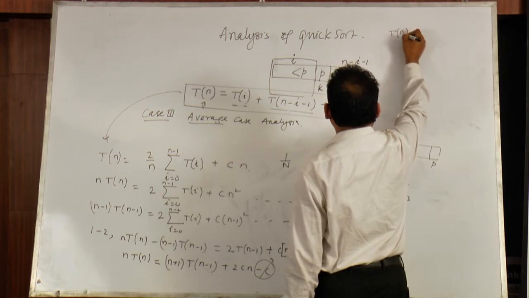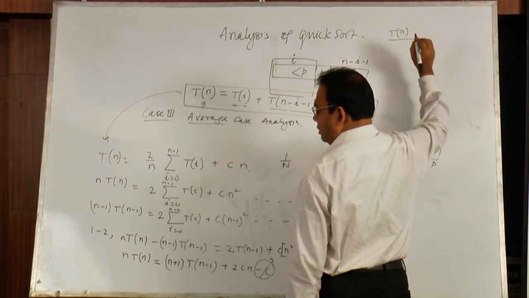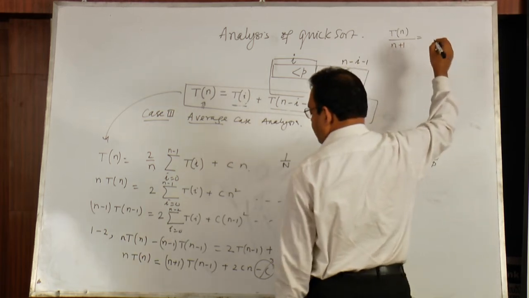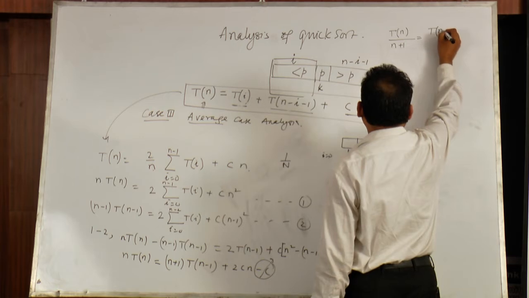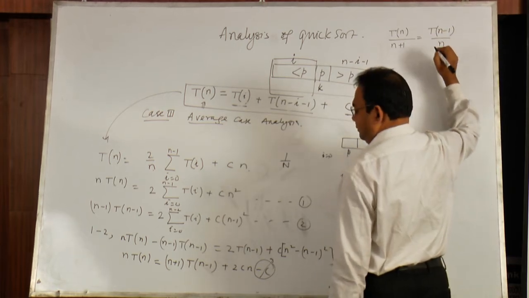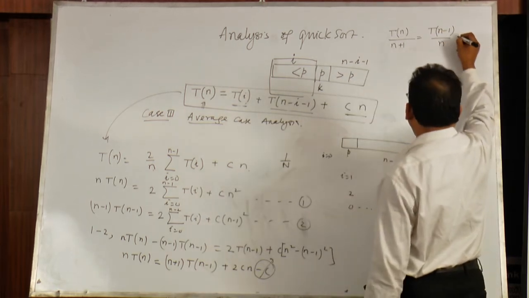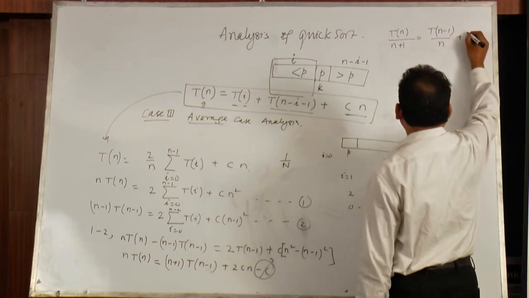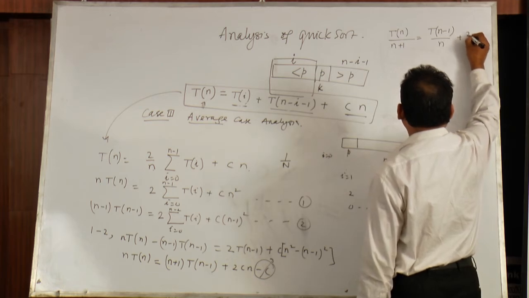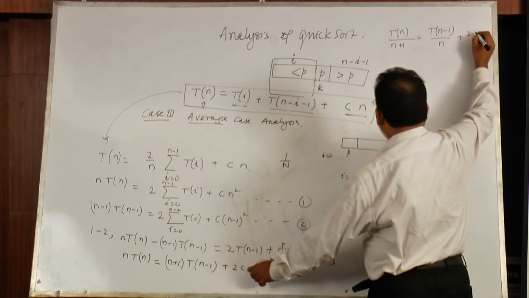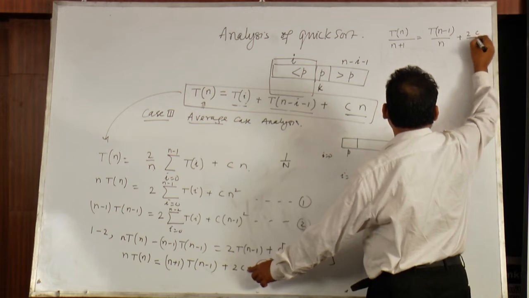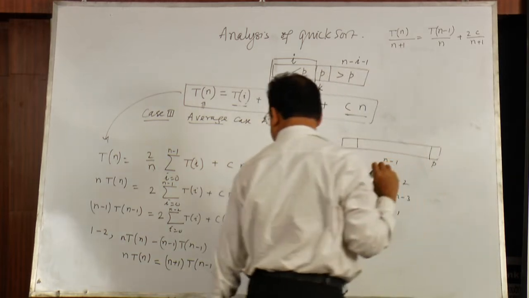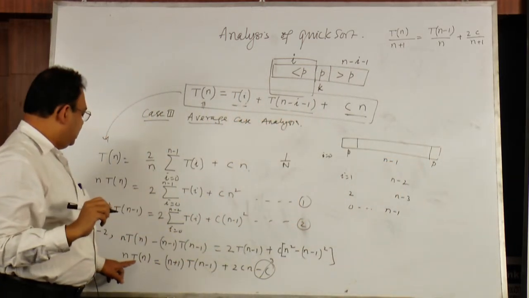T n divided by n plus 1 is equal to T n minus 1 by n plus 2 c by n plus 1, because we are dividing both sides by n into n plus 1.